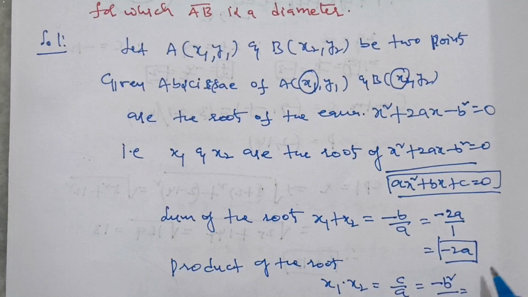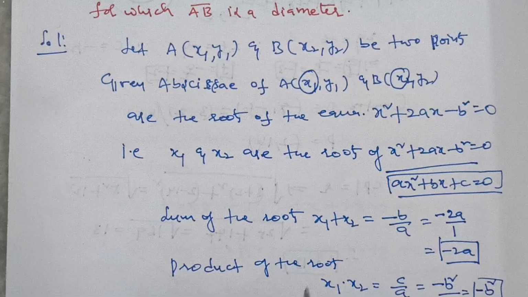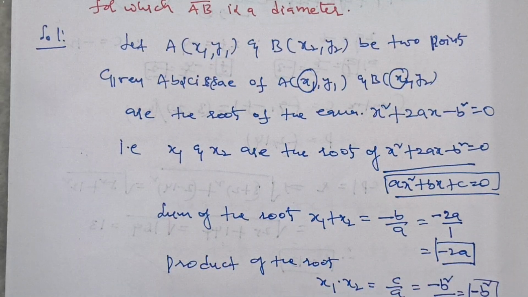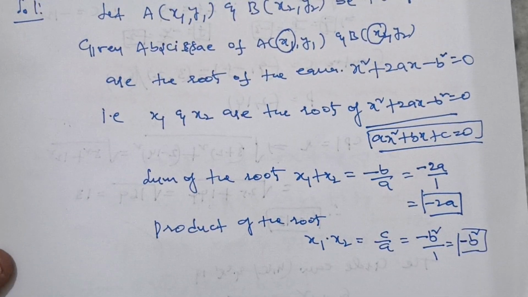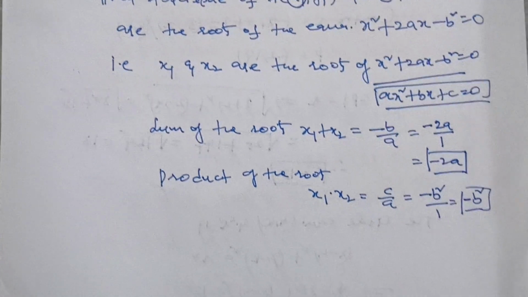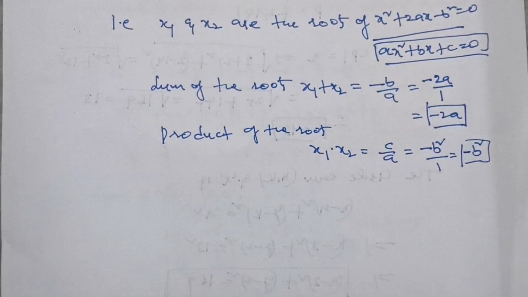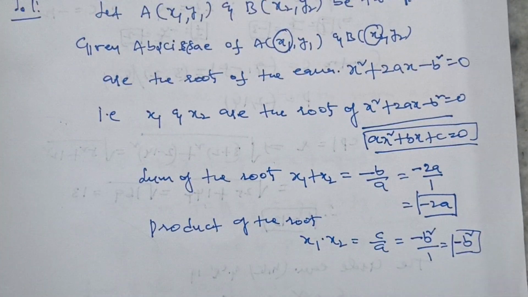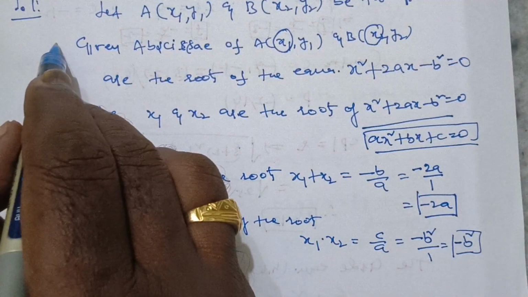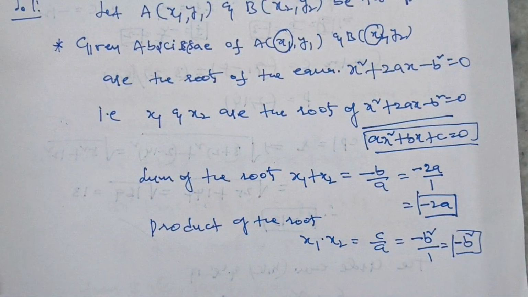So minus b square is the product of the roots. This is completely based on the first step.